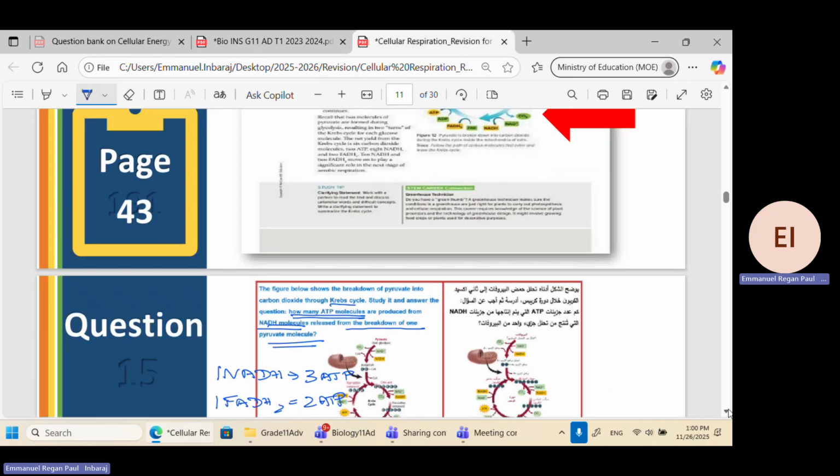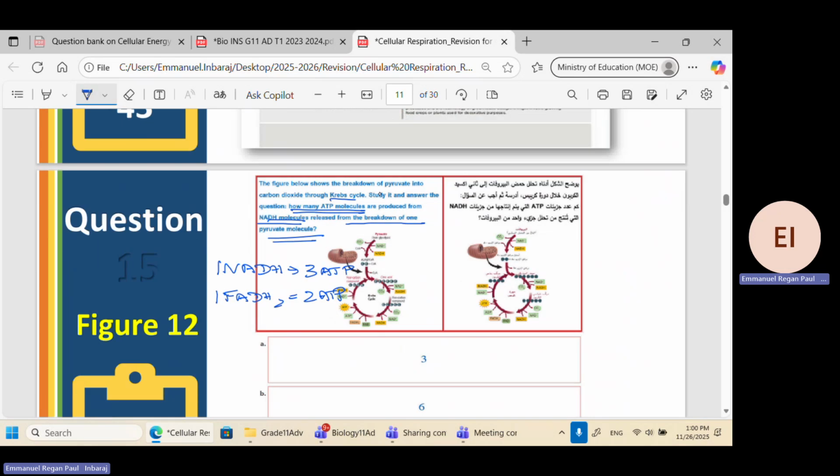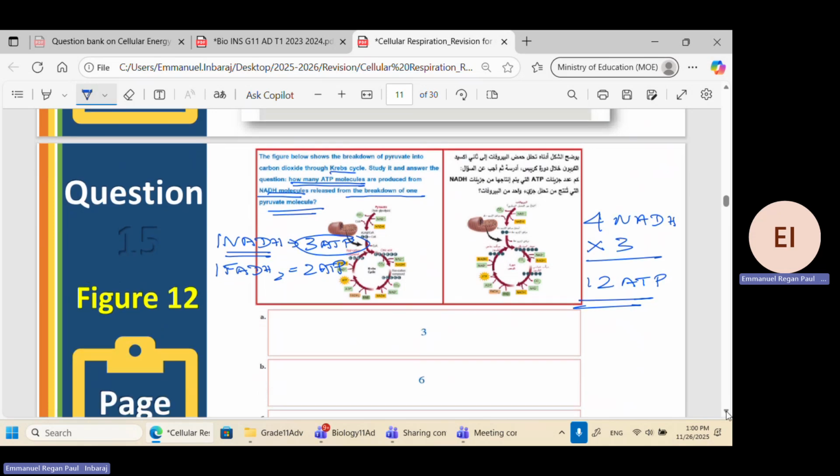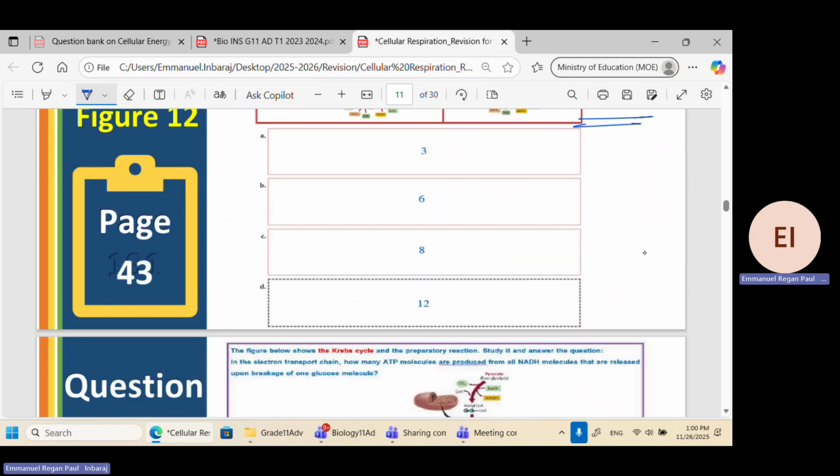So we know that in one pyruvate, 4 NADH is produced. I told you that one NADH gives 3 ATP molecules, so 4 times 3 gives you 12 ATP molecules. So the answer is 12.